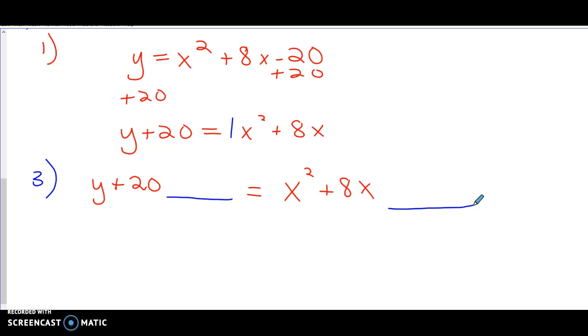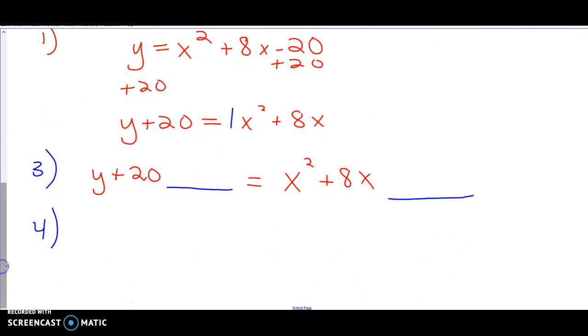Now 20 wasn't doing it for us, right? But we can come up with a number that will work for us. We can put anything on one side of the equation as long as we do it on the other side as well. So now we do what we did last class. So step 4 says to complete the square, and our formula for that is b divided by 2 squared.